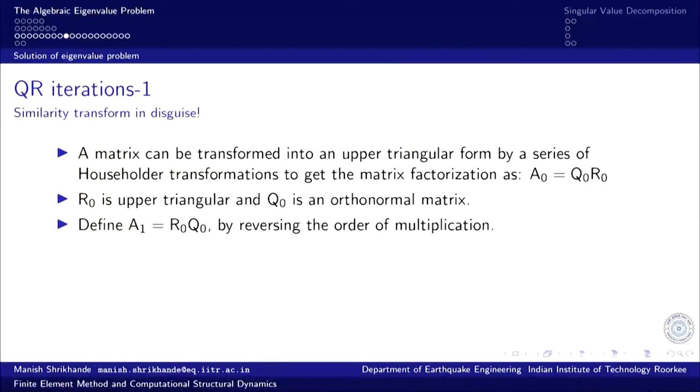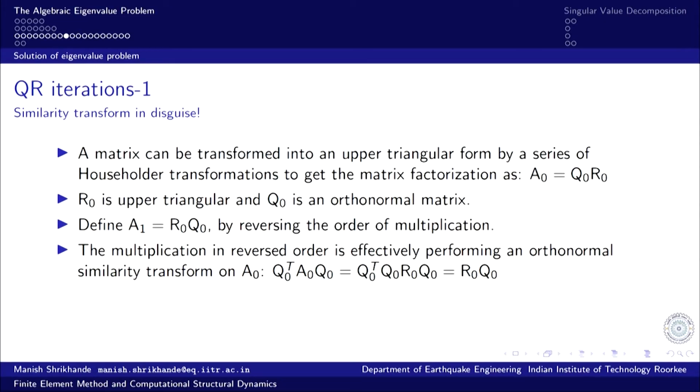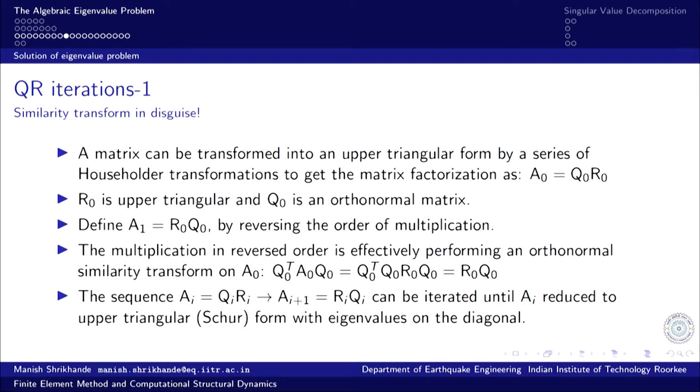A 0 is factorized by a series of Householder transformations, we get Q 0 R 0, A 0 is equal to Q 0 R 0, that is the factorization, and then I define new matrix A 1 by just reversing the order of multiplication, R 0 Q 0, and multiplication in reverse order is effectively performing an orthogonal similarity transform by virtue of the identity that we have, and in sequence we can keep on doing this repeatedly, and we can do this: A i is equal to Q i R i, and this new matrix will lead to R i multiplied by Q i by interchanging the order, and so on.